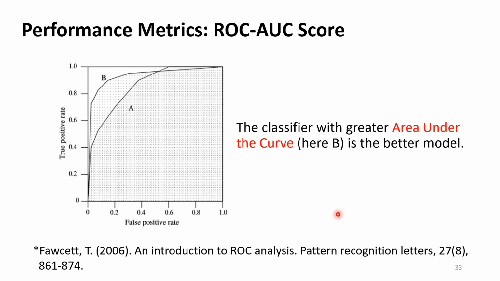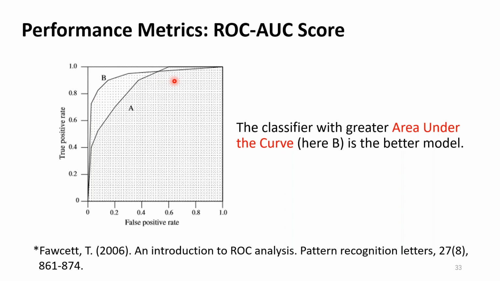Let me talk about the AUC score. ROC stands for Receiver Operating Characteristic Curve, and AUC stands for Area Under the Curve. ROC is a graphical plot that plots the sensitivity, the true positive rate, against the false positive rate at various levels of classification threshold, like this, which is a boundary probability on which each observation will be predicted as positive or negative.